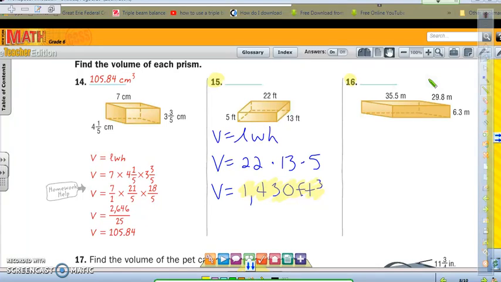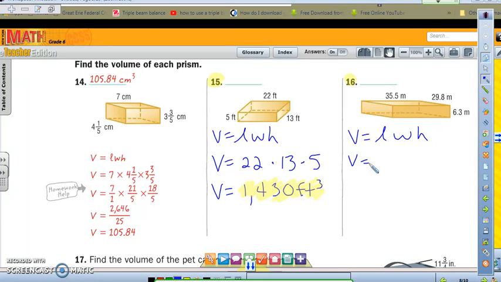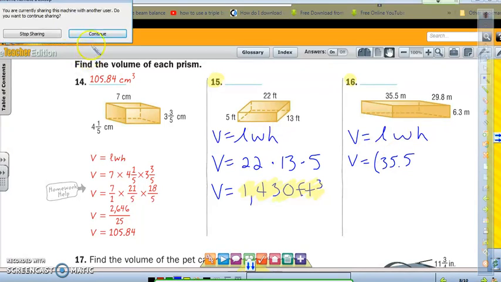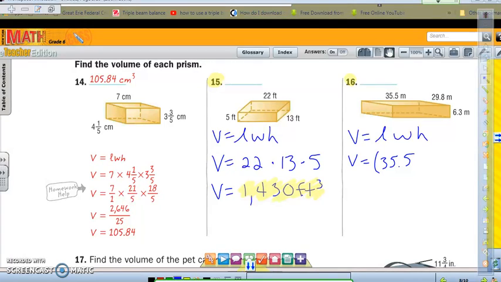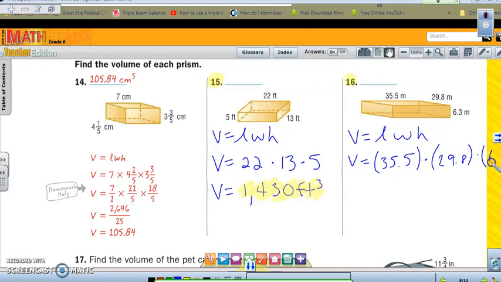Perfect. Okay, same thing. Volume equals length, width, height. Every time I need to see that formula. So we have 35.5, and I'm going to use parentheses so we don't get confused with the multiplication symbols. Then I have 29.8 and 6.3. Mine's kind of off the page, but you guys get the gist, right?